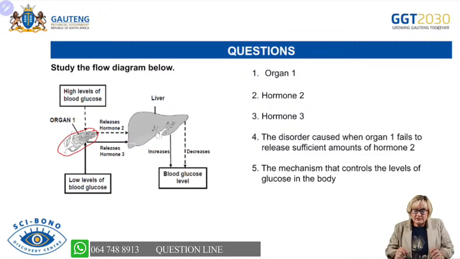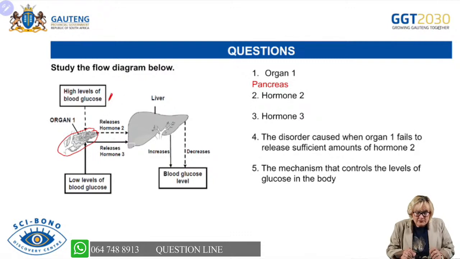Now, let's look at the questions. They want us to identify organ 1. We've already done that. That is our pancreas. Now they want us to identify hormone 2 and hormone 3. Now let's look at the diagram. If I have a high level of blood glucose, that's the dotted line.